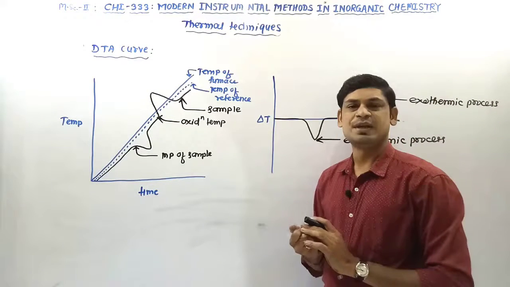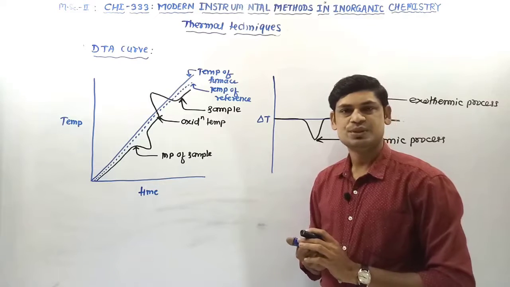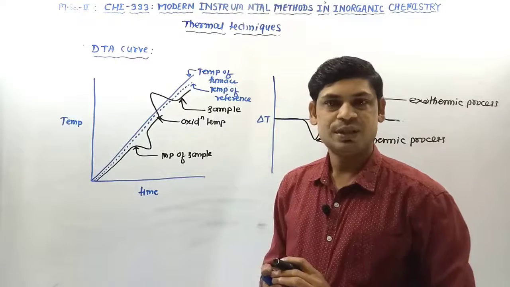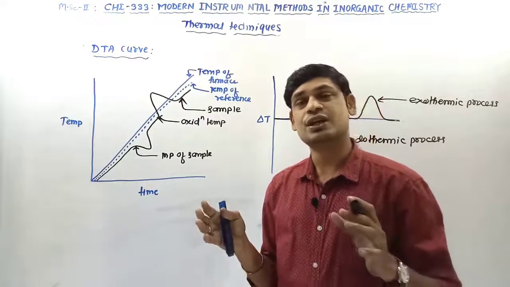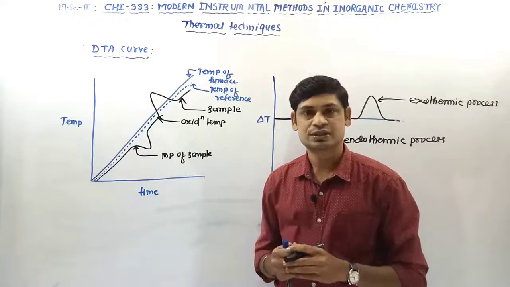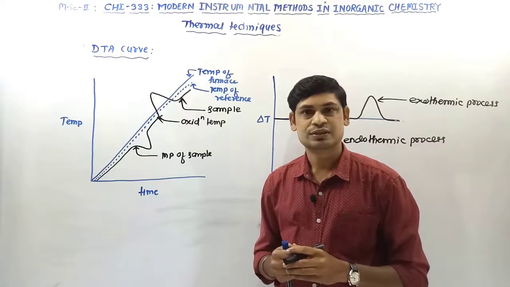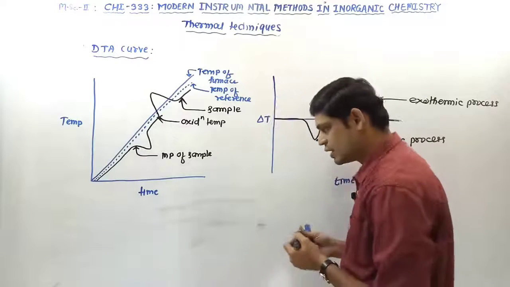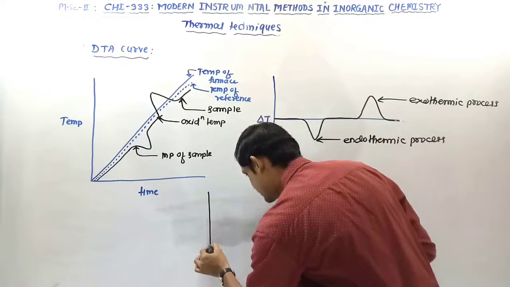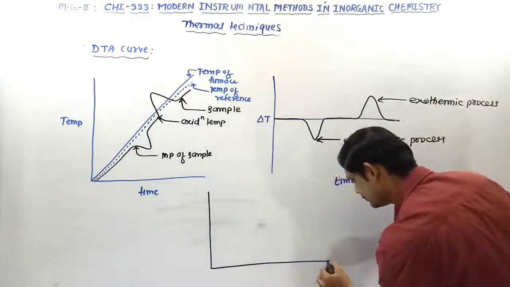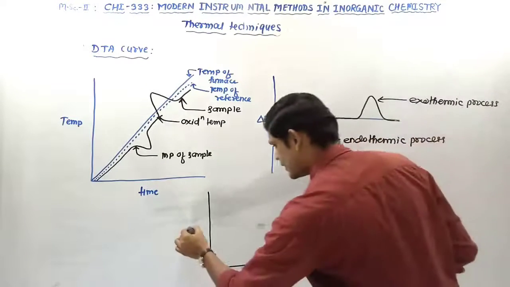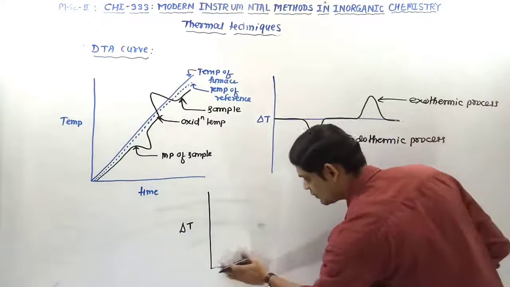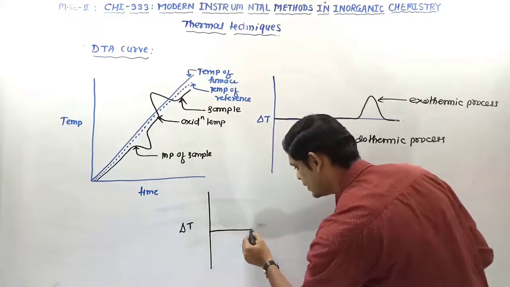We can go through a particular example also. Suppose we take an example of a polymeric material. If we wish to study the DTA of a polymeric material, what will be the nature of the DTA curve? In the case of a polymeric material, suppose this is the delta T. Sorry, we will draw in between, the middle.